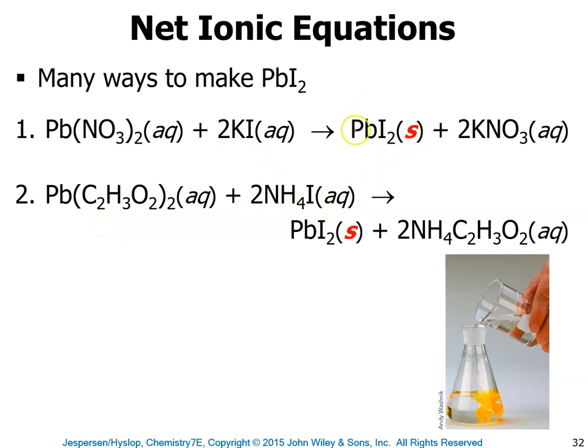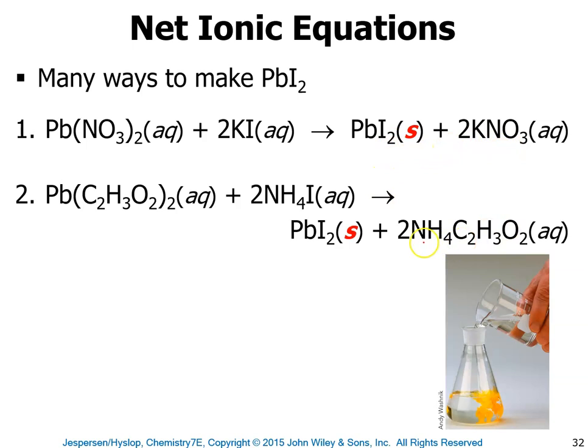For both reactions, we're going to make the lead iodide, the solid compound. That's not going to be soluble. Remember, these come together and form a solid because they have low solubility in water. Anytime lead and iodide ions come together, they're going to fall out of solution because of their low solubility.